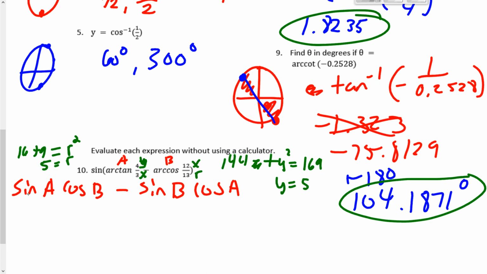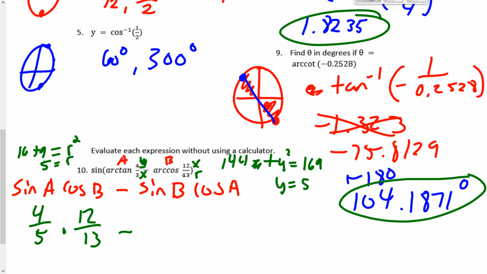So now I can do the sine of A. Sine of A would be sine of arctan of 4/3, but we're just doing sine of this first angle. So that would be y over r, so that's 4 over 5. Cosine of B would be x over r, so 12 over 13.